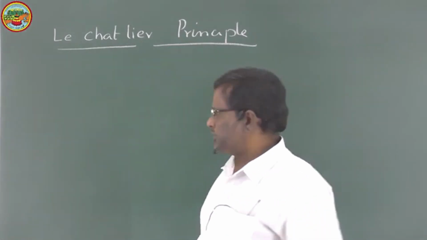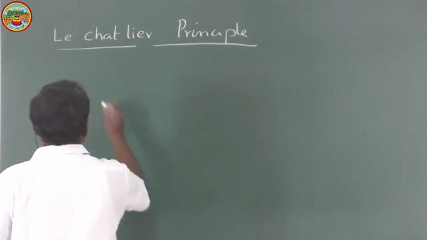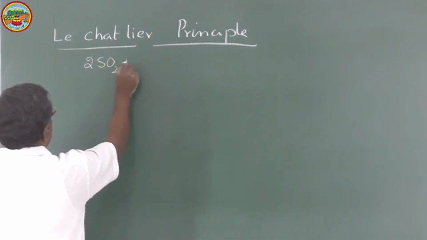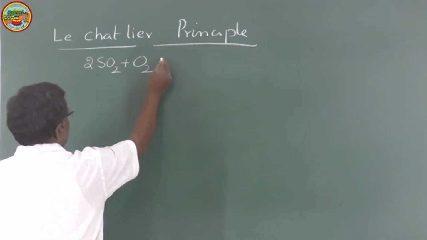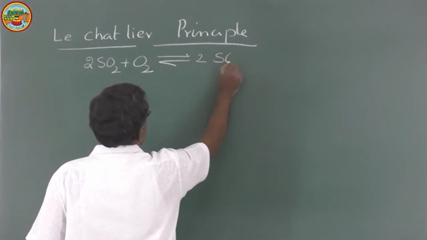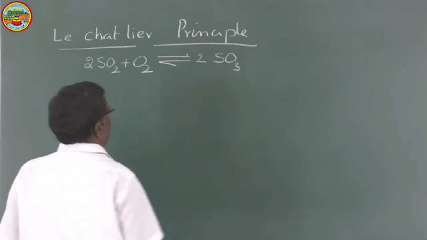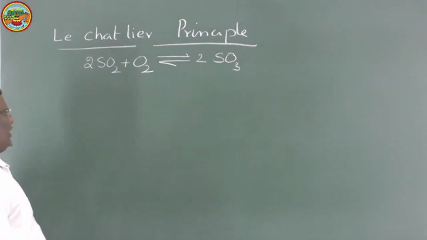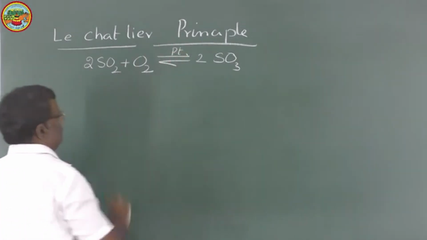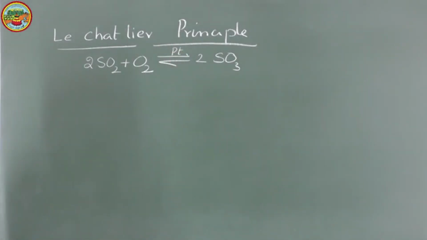In the contact process, sulfur dioxide gas is allowed to react with oxygen to give sulfur trioxide. This is a reversible reaction. It takes place when these two gases are in contact with a catalyst. That's why this reaction is said to be the contact process.